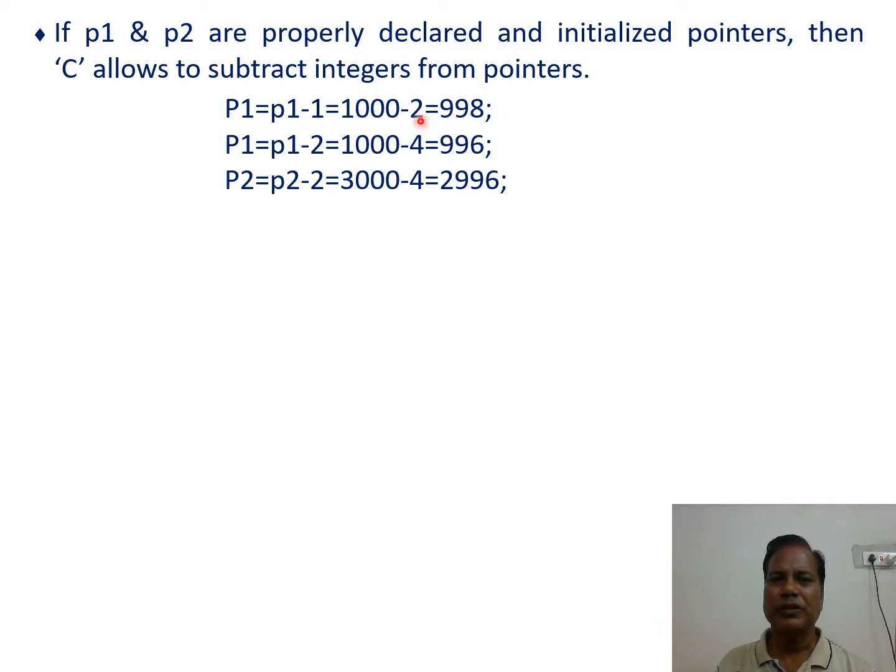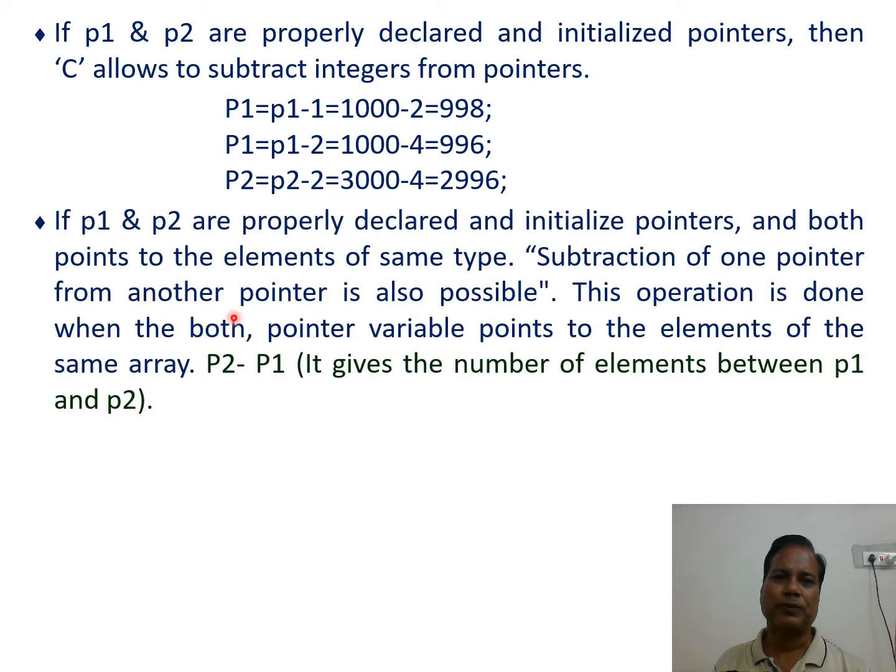So this number depends on what type of data is pointed to by the pointer variable. So subtraction of an integer from properly initialized and declared pointers is possible, as shown with these examples.